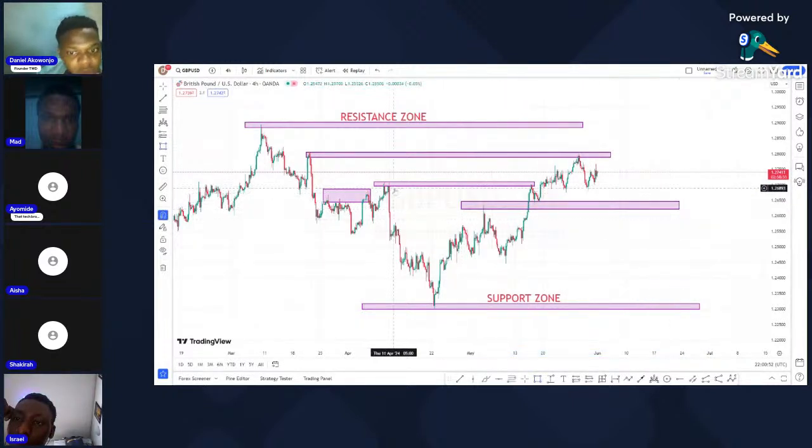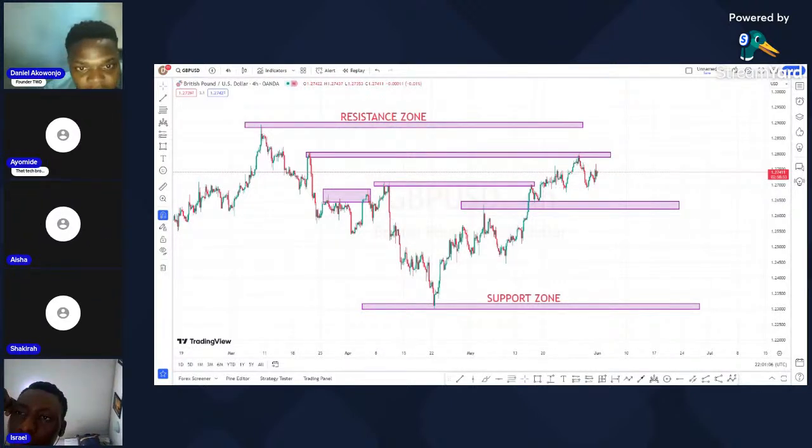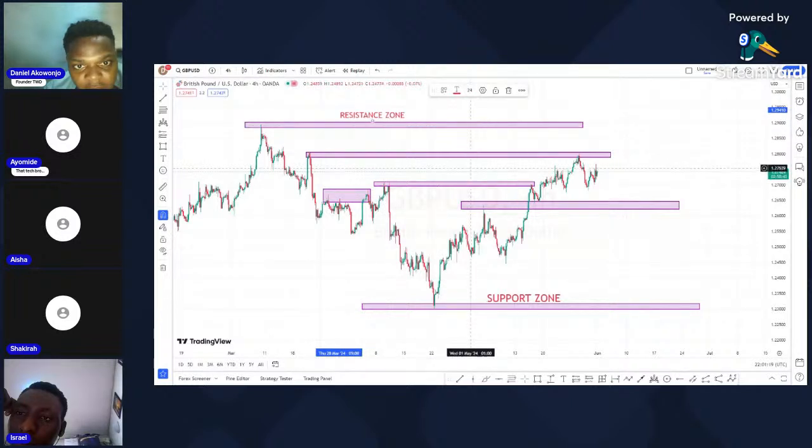Good. So now I have marked out all the resistance zones clearly. These zones I just marked out are the resistance zones. I'm going to name them now. Let's quickly name them.